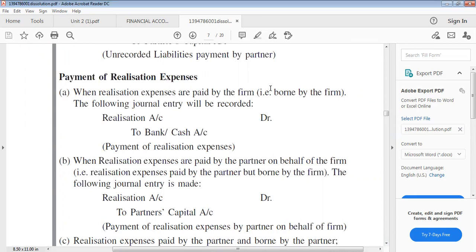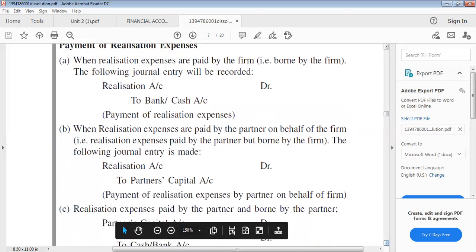When realization expenses are paid by the firm, that is, borne by the firm, the following journal entry will be recorded: debit realization account, credit the bank or cash account.